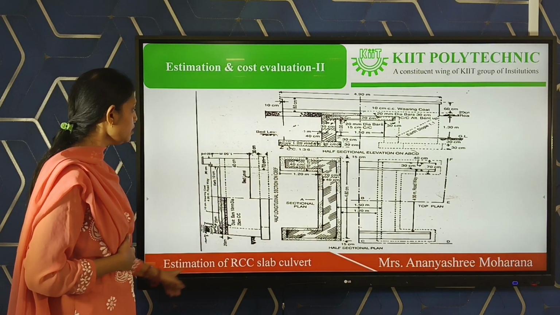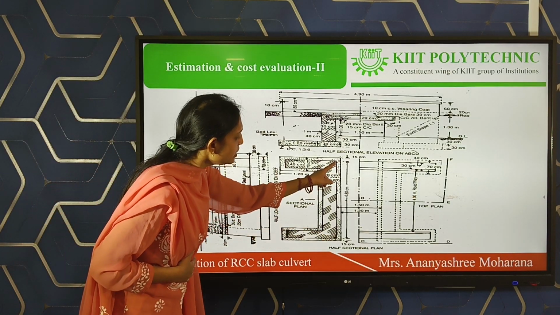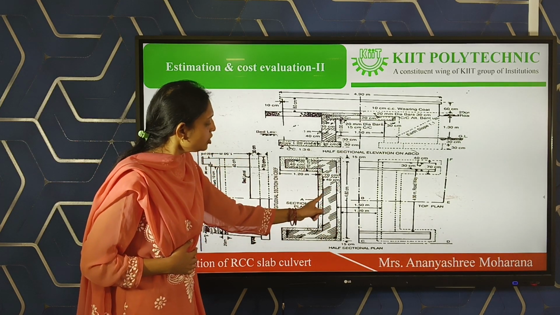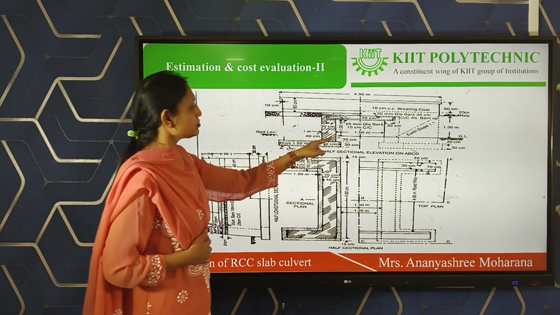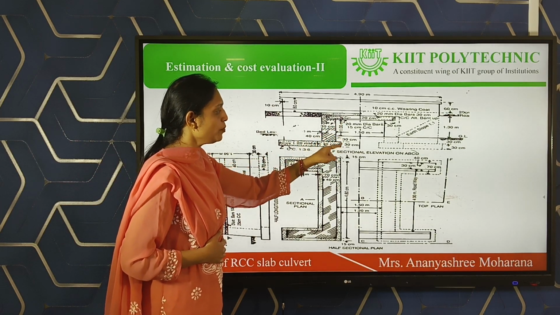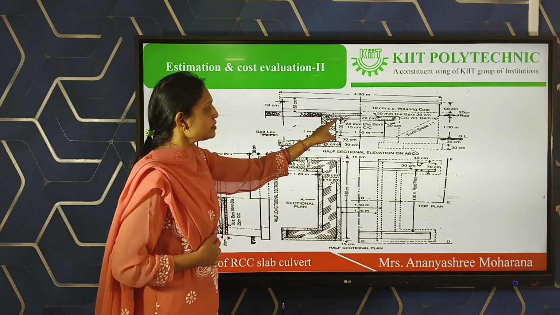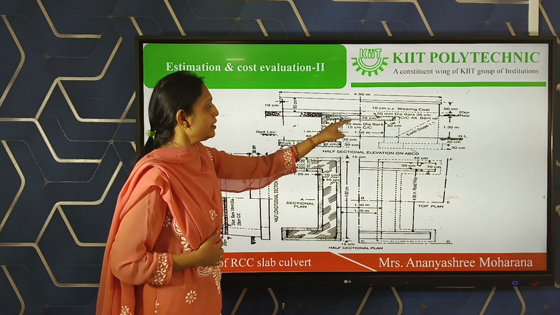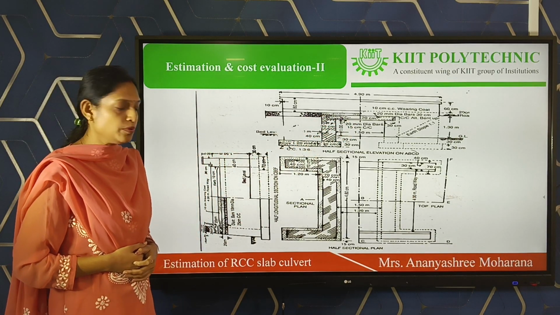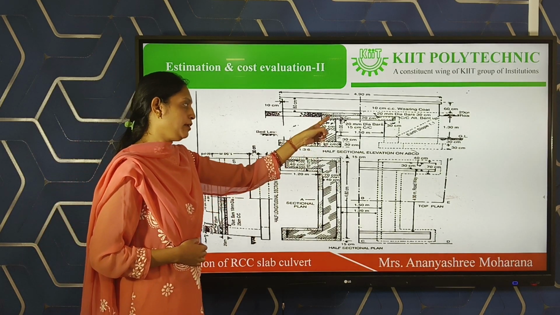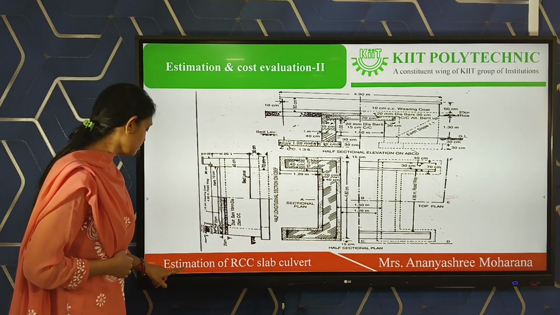You can see in the drawing, length of the brickwork is clearly given 4.8 and breadth of the brickwork is 0.4 and height will be 1 plus 0.3, that is 1.3, plus this portion height will be added, that is 0.2. That means the total height will be 1.5 for the abutment brickwork.